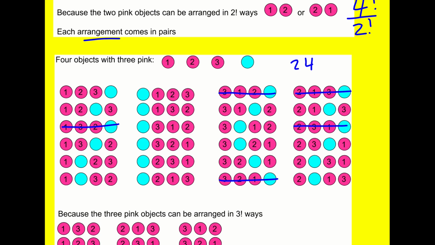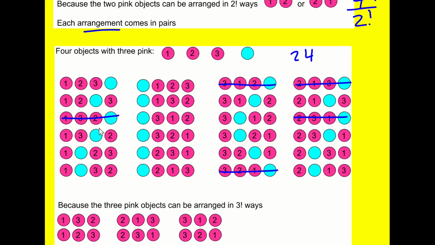I end up with 1, 2, 3, 4, 5 extra ones. That's because I can rearrange the 1, 2, 3 in 6 different ways. So what I have to do is take my 24 and divide it by 6, because I'm not interested in all these repeated ones. Another way of writing that is to say that it's 4 factorial over 6.